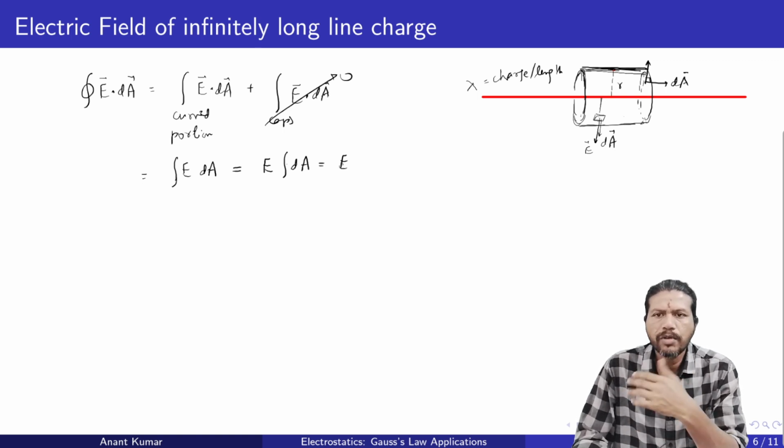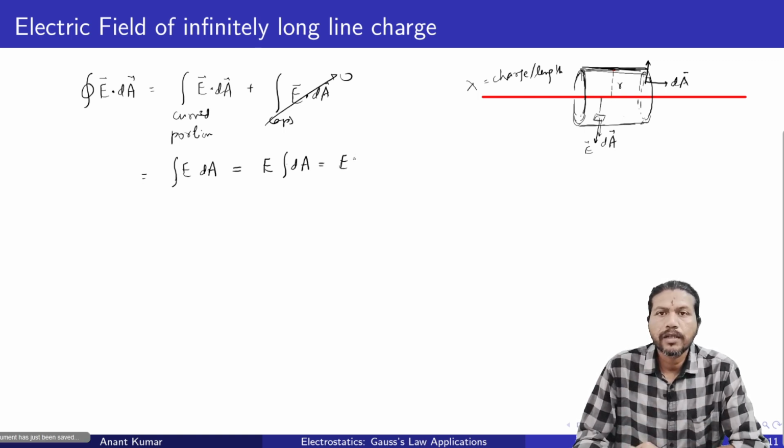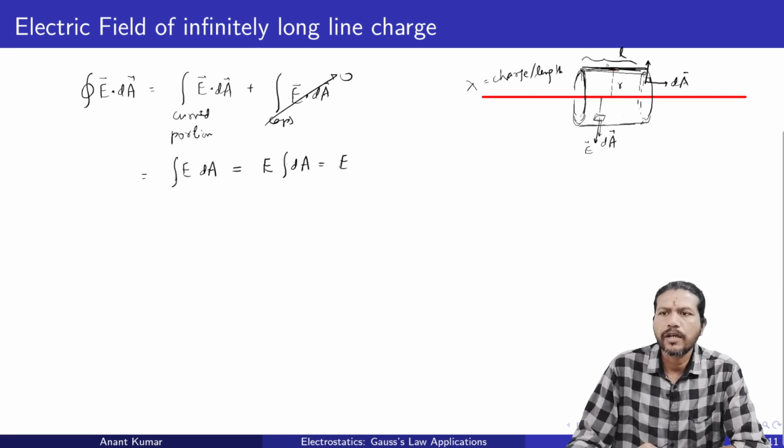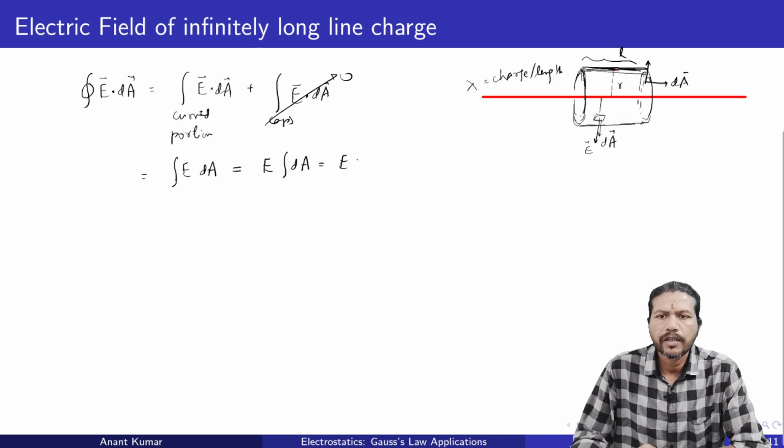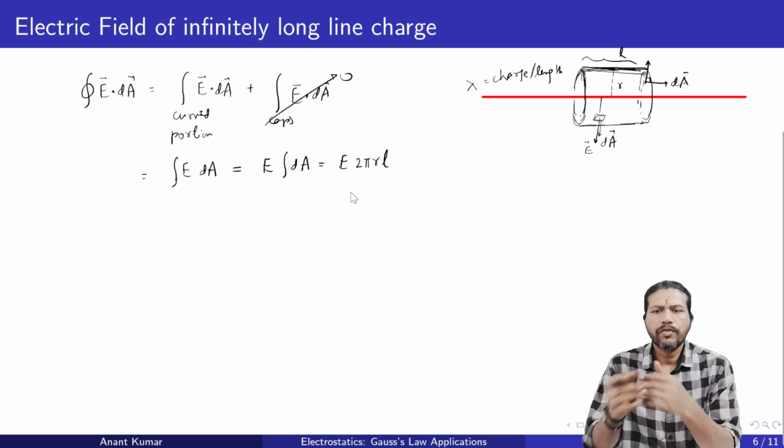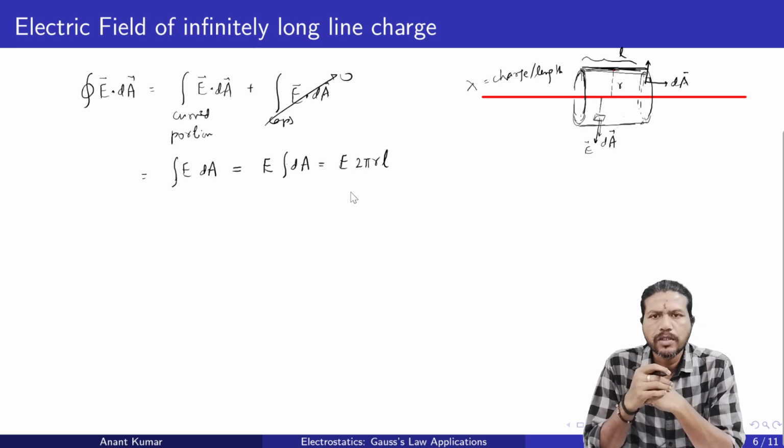If I just add them up, I end up getting the curved surface area. So assuming the length of this cylinder to be L, we get the area as 2 pi r L. This is the left hand side of Gauss's law, and this will always be the case whenever you consider a cylindrical symmetry.